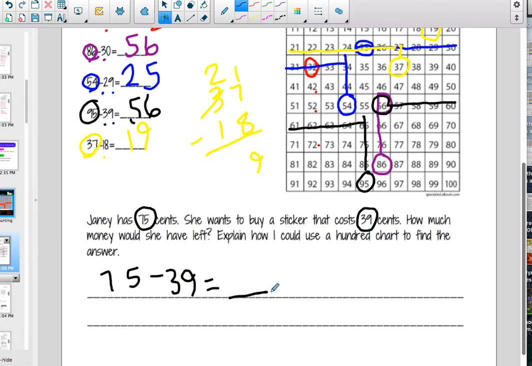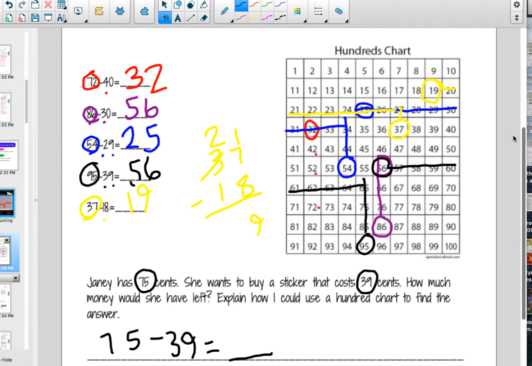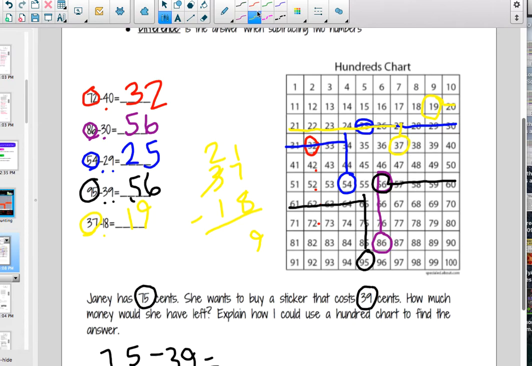I'll have to find my answer and then I have to explain it, okay? So if I look at my chart here, I start at 75, and you would write this in your own words, explaining it.